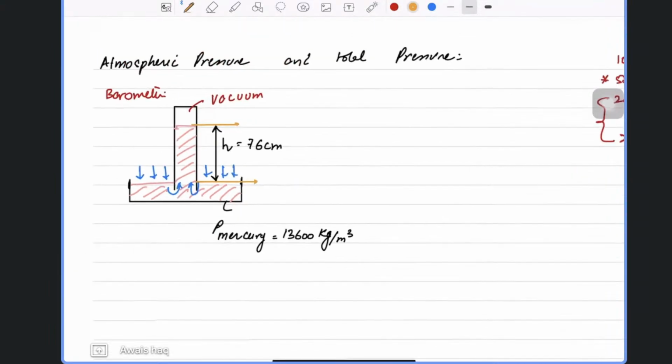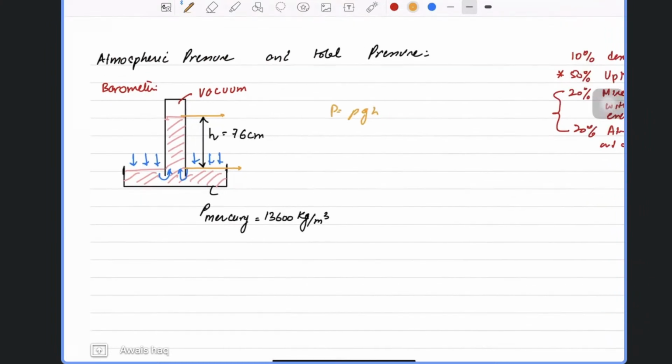And then simply you can use pressure equals rho g h. The density is 13,600 times g, which is 9.81, and the height, you have to convert it into meters, which is 0.76.